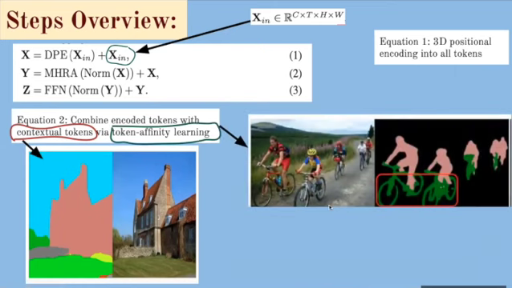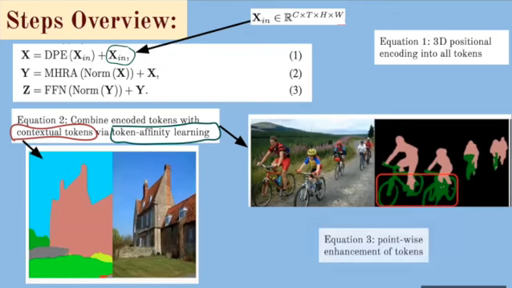This is not a very accurate example, but I think it should explain how there are some 5 people, it is able to recognize the 5 different people here, and the cycles are very well recognized. How token affinity works is, this is just for one single frame. It will have to relate to the next subsequent frames as well. So this is where token affinity comes into the picture. Now, the third module, which is the feed-forward network, does a point-wise enhancement of different tokens.